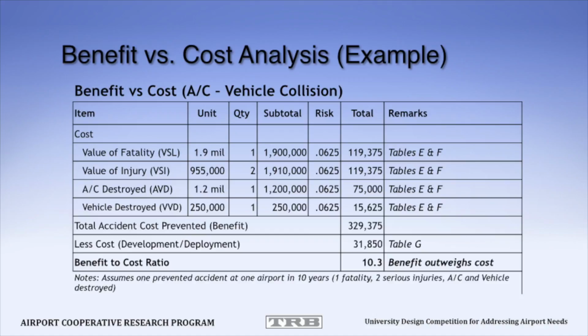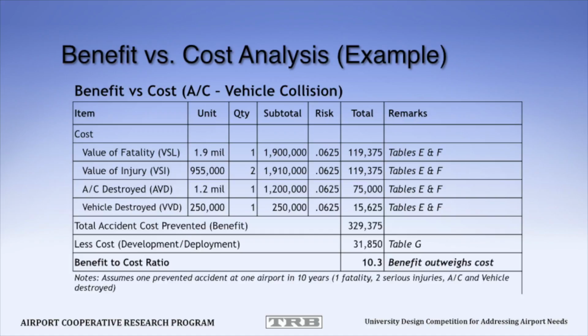The value of the injury, coincidentally, is about that same number, so $240,000 in terms of the one fatality and the 2 injuries. The aircraft destroyed, again, averaging that over a 10-year period is only $75,000, and then the vehicle around $15,600.